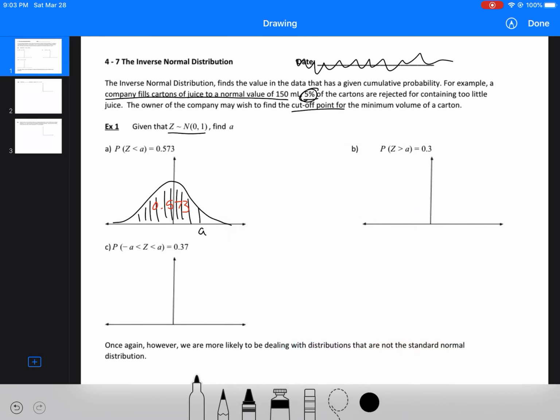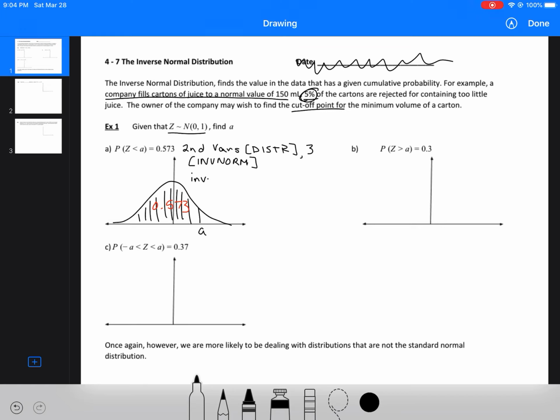Again, we can use our GDC. We approach it the same way. Second VARS gets you to that distribution option. Then you're going to select 3, which gives you the function invNorm, or inverse normal.